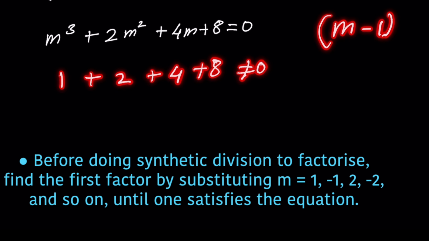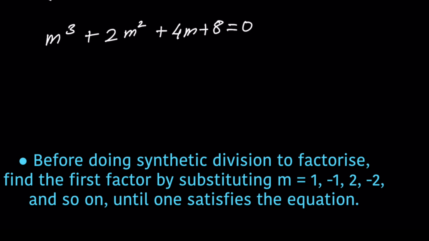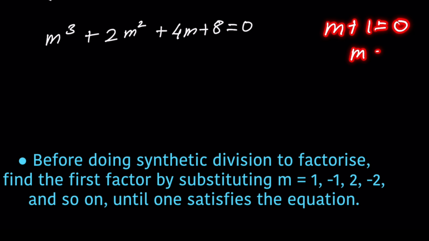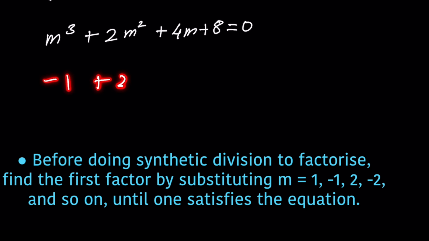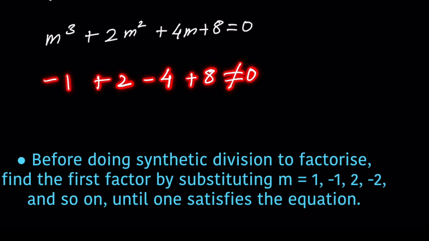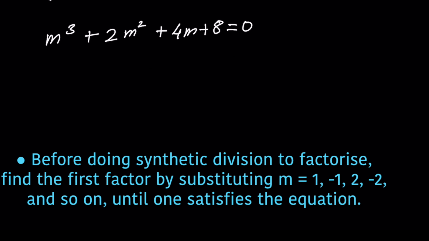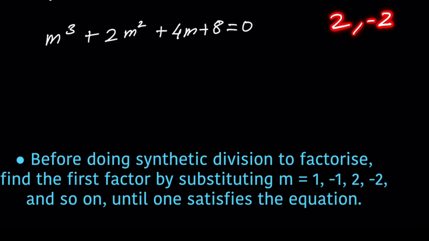So m minus 1 is not a factor of this equation. Let's try m plus 1. This is also not equal to 0, and it is not satisfying. So let's try other values of m. Let's try 2 and minus 2.